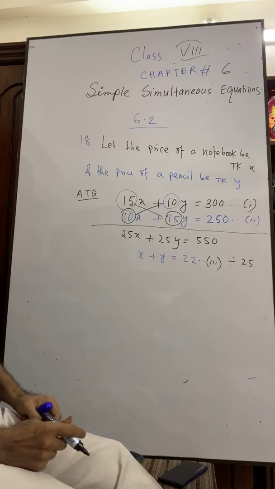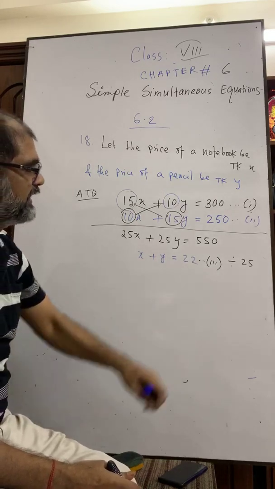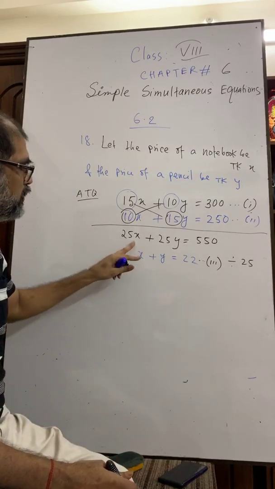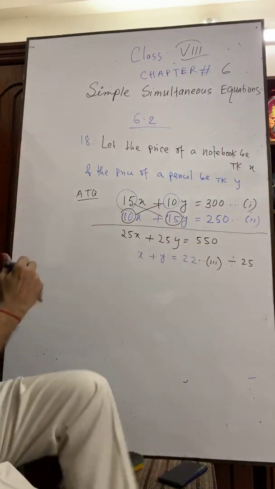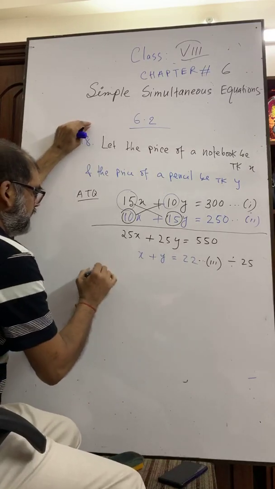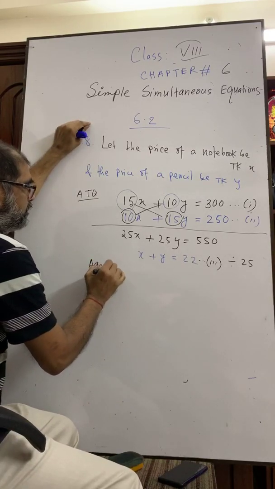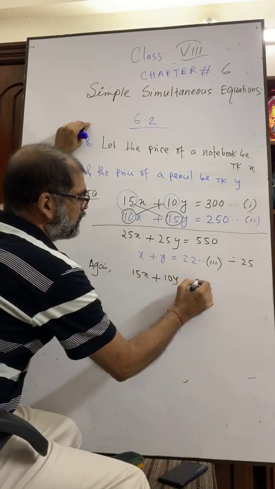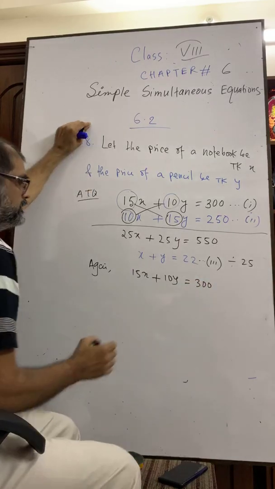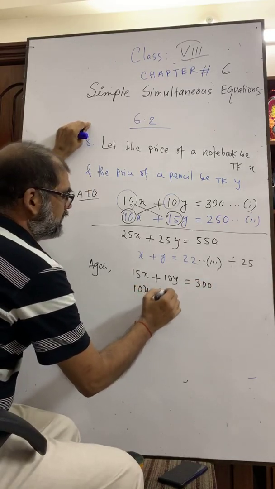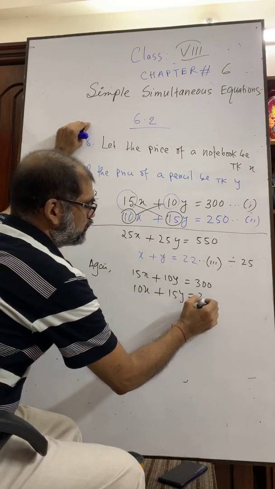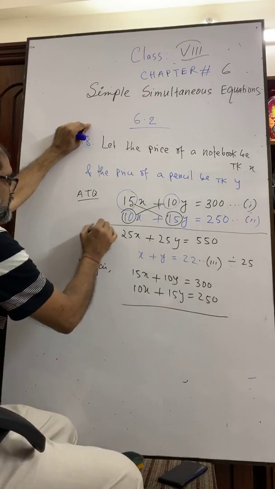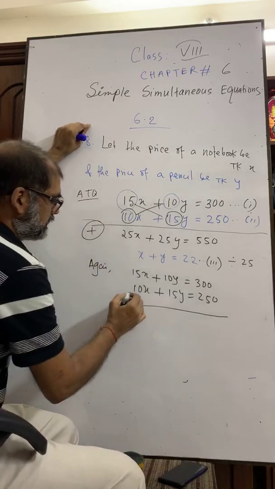Have you got me? We consider it as equation 3. I have divided both sides by 25. Again you see, 15x plus 10y equals 300, and 10x plus 15y equals 250. Now you subtract. It was addition, now you subtract.